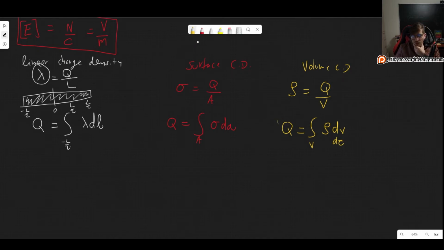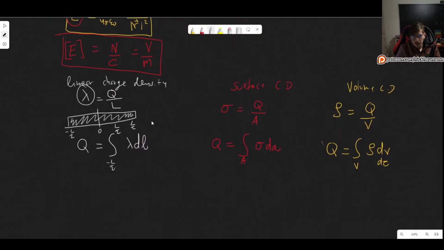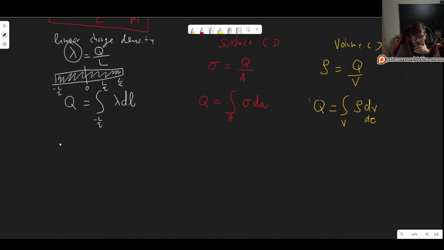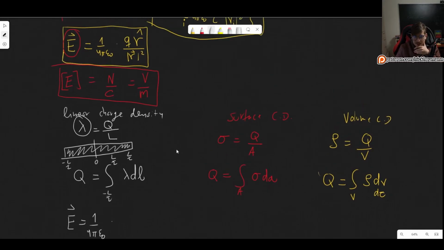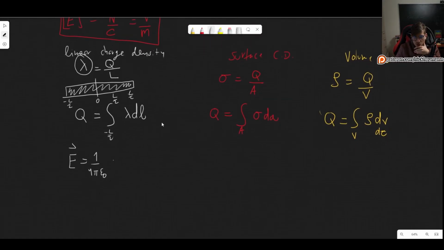So what formulas do we end up with if we actually use this? Let's plug it back in here. In the case where we have charge densities, for example, let's go for the linear. Instead of the point charges, we still have 1 over 4 pi epsilon 0. And then what comes next? Instead of q, we now have an integral.